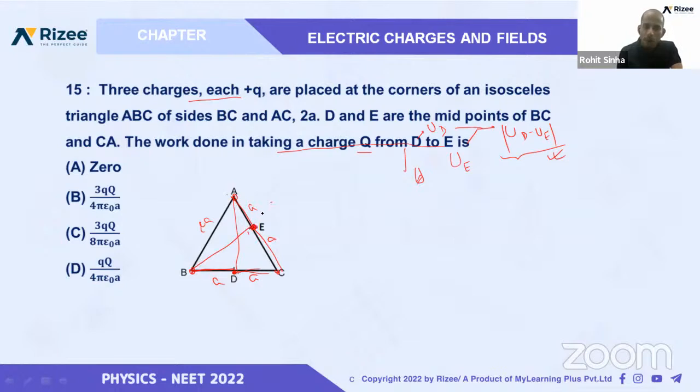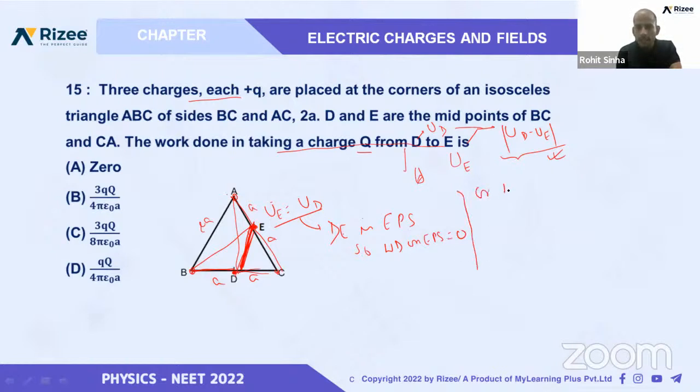So at E point the potential will also be the same as D point. So we can say that the line DE is an equipotential surface. So work done on an equipotential surface is equal to 0 this way.